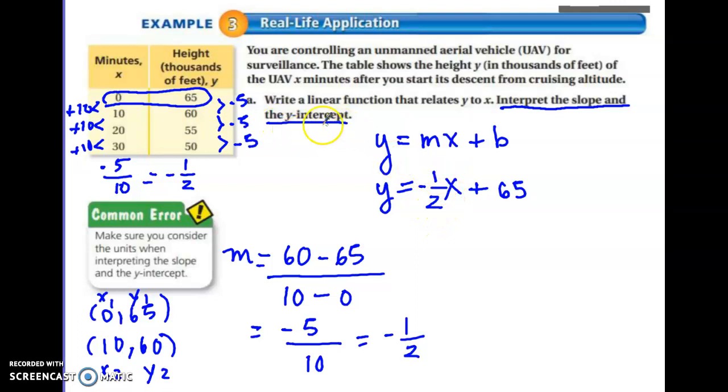And the y-intercept always is the starting point of when something's happening. So you could say that the y-intercept of 65 indicates that the aerial vehicle started at a height of 65,000 feet.